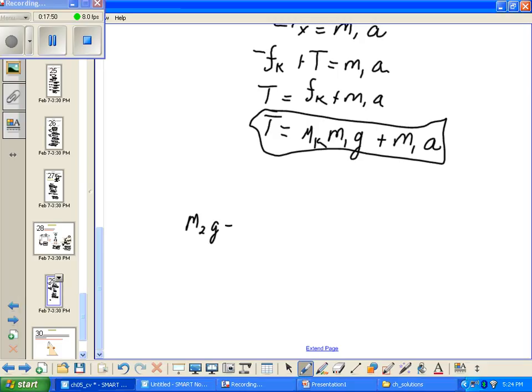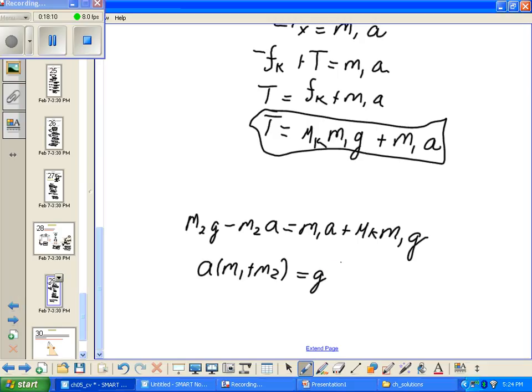M2G minus M2A equals M1A plus mu k M1G. Set all the A's on one side, M1 plus M2.